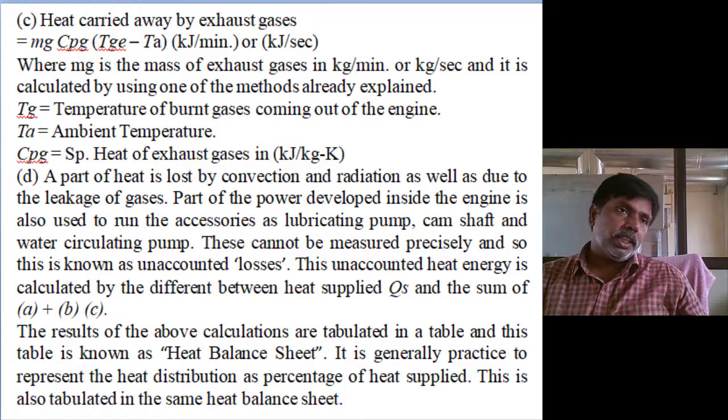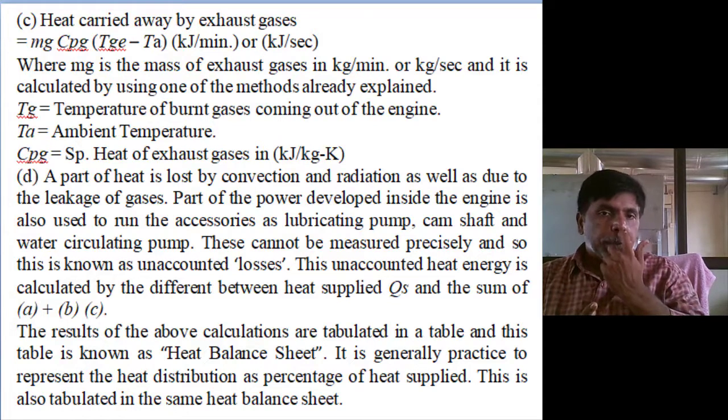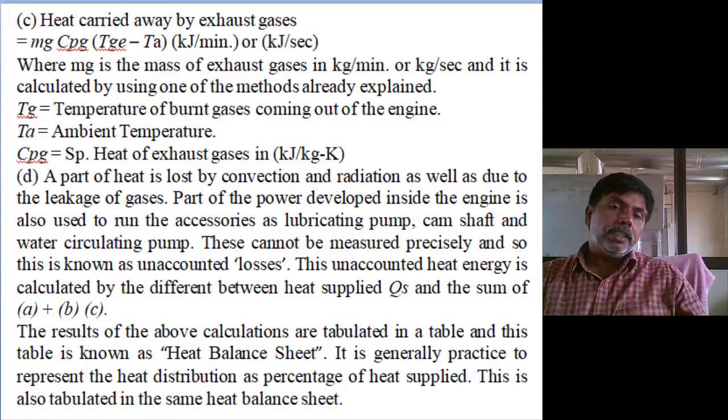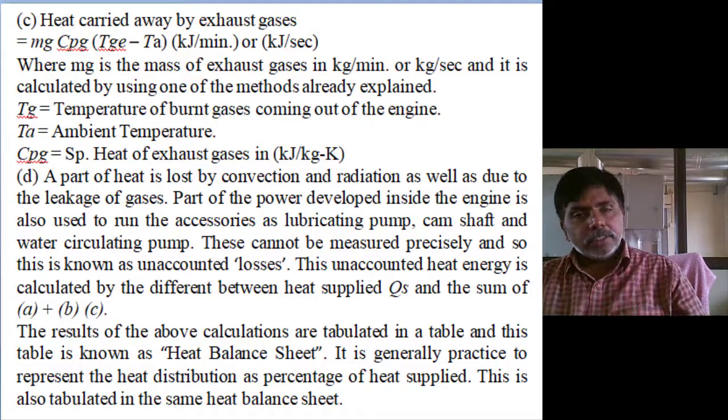Here there is no inlet outlet. Exhaust gas is coming, suppose it is coming at 90 degrees. We can utilize the heat 90 minus ambient. Ambient is 40, so 90 minus 40 only is useful heat. Remaining heat we can't use because ambient temperature is already available at 40. So heat carried by the exhaust gas we are calculating Tg minus T ambient. Then these 3 we calculated.